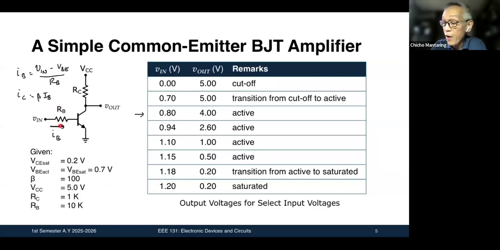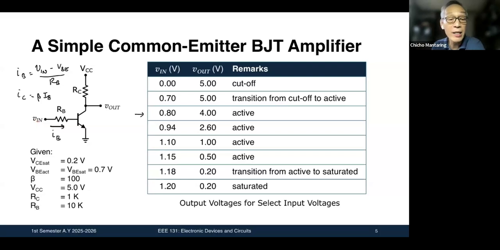The smaller the value of RB, the smaller the input voltage that is needed to produce the same base voltage. So we have the same V out, but a smaller V in.